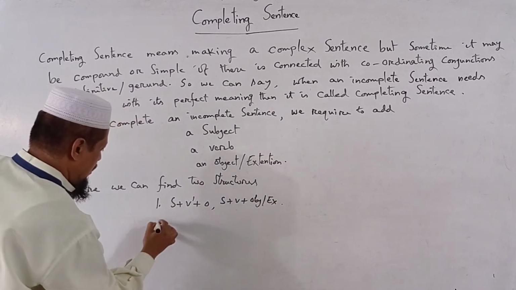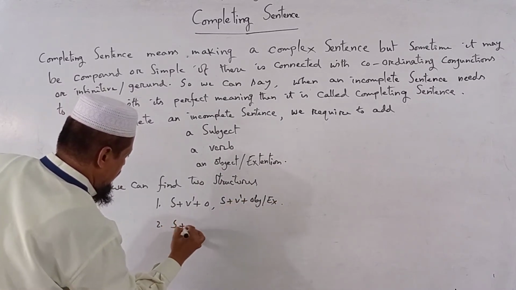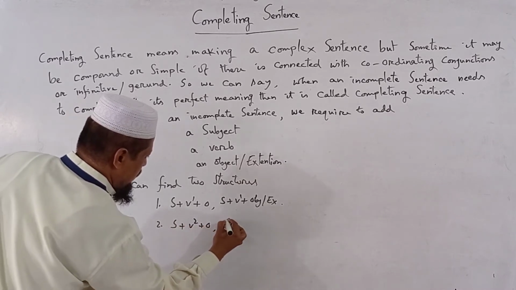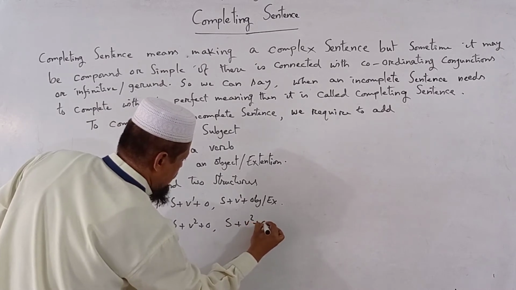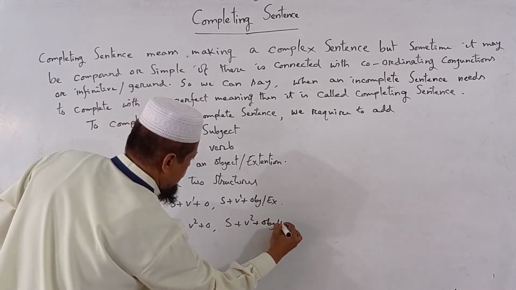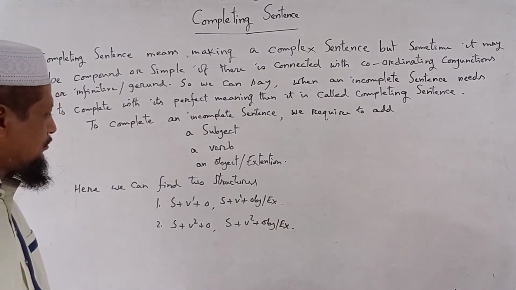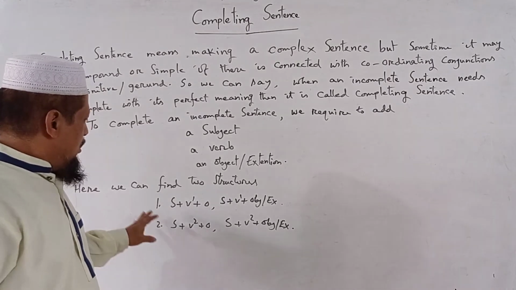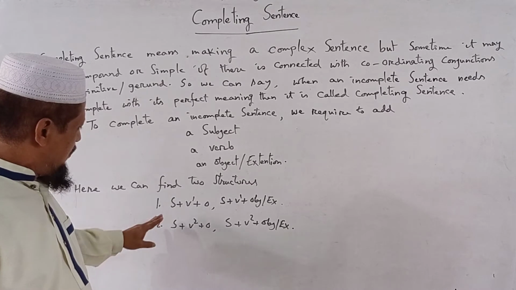Number 2: subject plus verb past form plus object, plus subject plus verb past form plus object or extension. You have already seen the two structures.